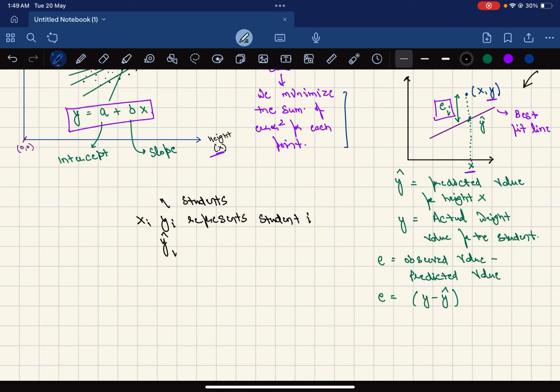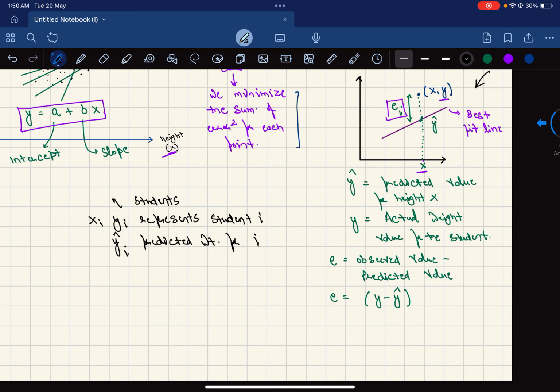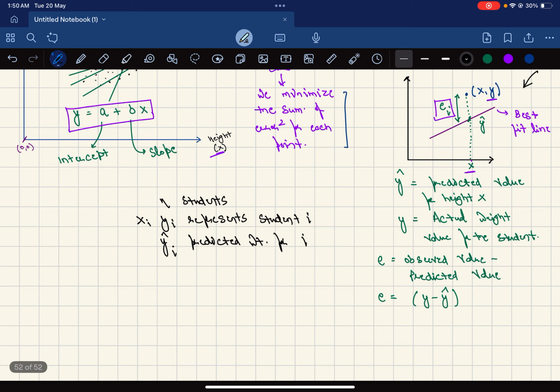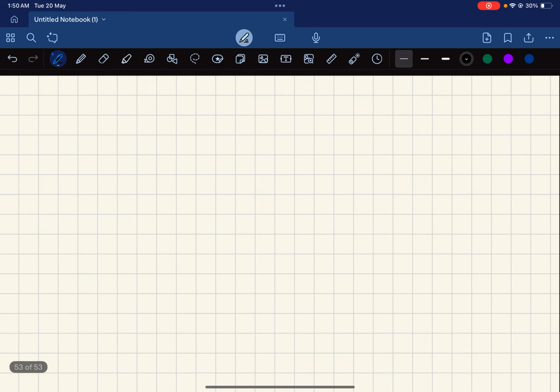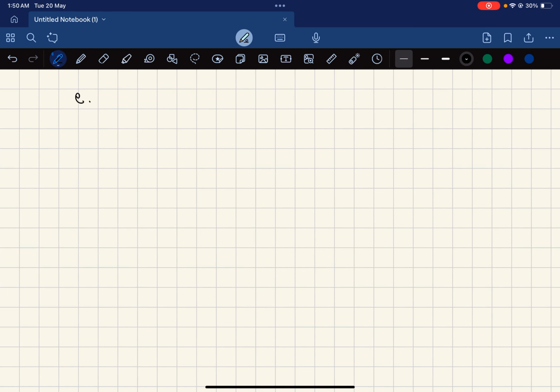Similarly, y hat i is the predicted weight for student i. So these are the notations for different metrics which we are going to use here. Now, since we have to minimize the sum of error square for each point, let us say we already have error defined as observed value minus predicted value. So let us keep it in terms of i.